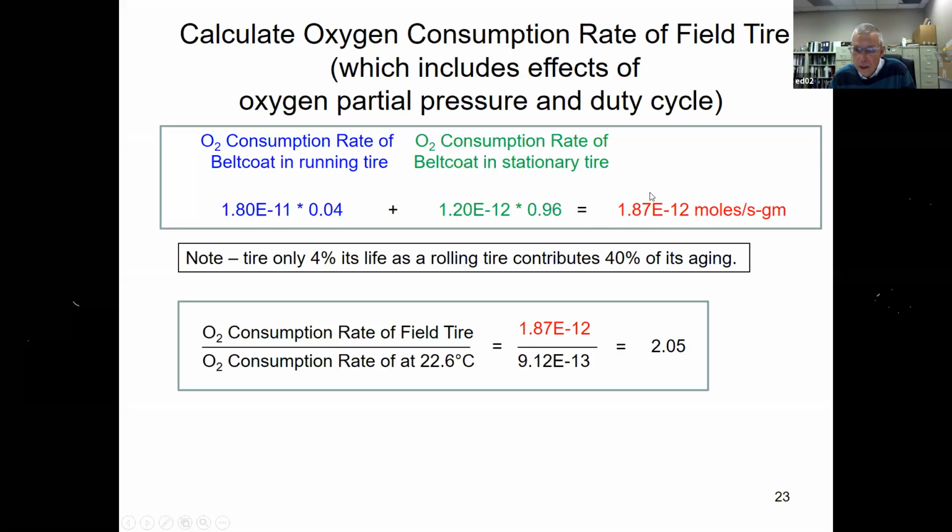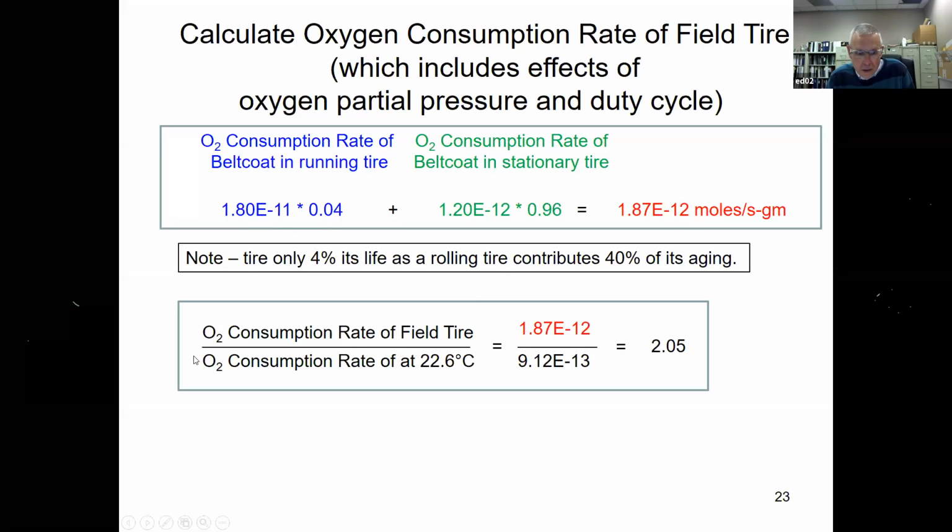So this is the predicted oxygen consumption rate of the field tire. I make a note here that even though only 4% of its life the tire is a rolling tire, this value is 40%. This 40% of the aging is coming from your driving time.